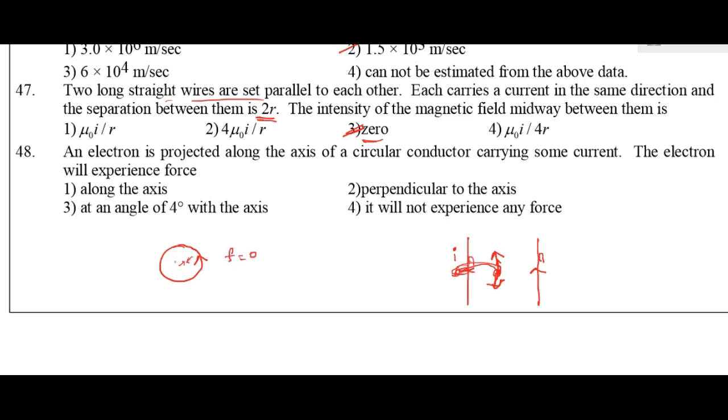Now if the current is in clockwise direction, then the field will be downward. If the electron is also moving in the same direction, then sin theta is 0, so the force is equal to 0.